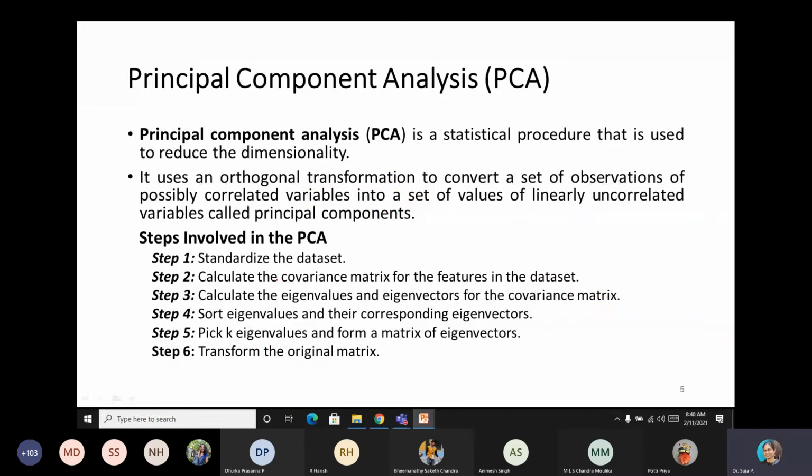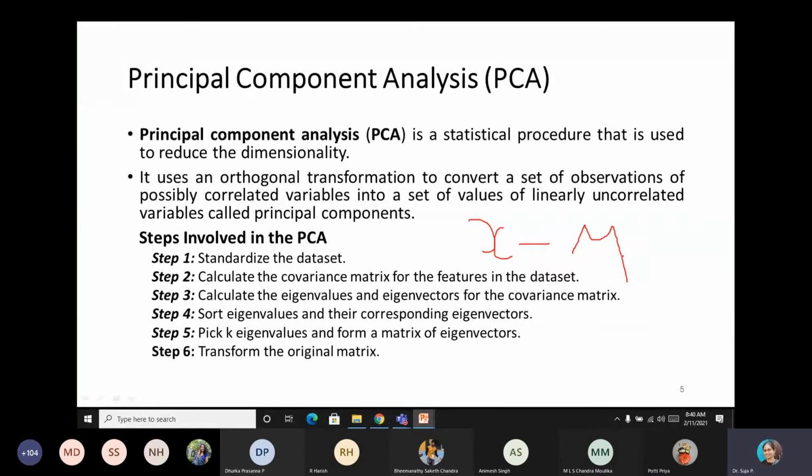These are the standard steps. The first one is to standardize the data set. By standardizing the data set, it is actually referring to finding the mean and standard deviation. For every feature, every element value, we have to subtract the mean.